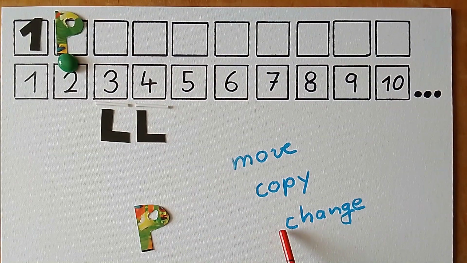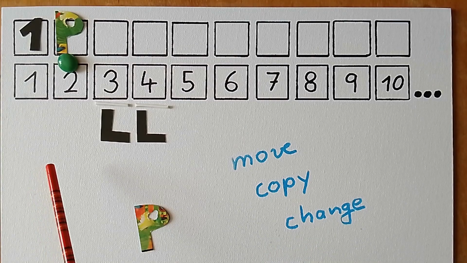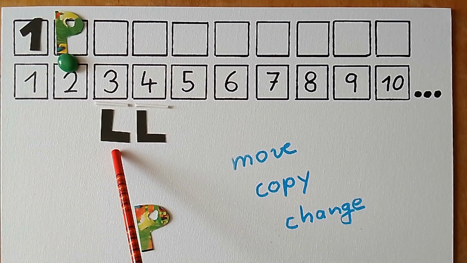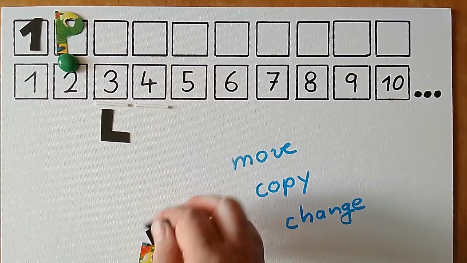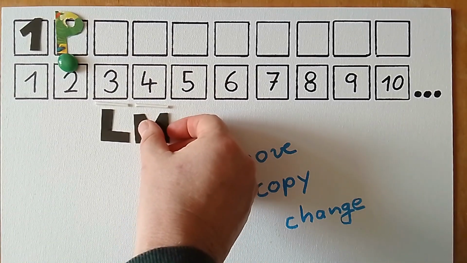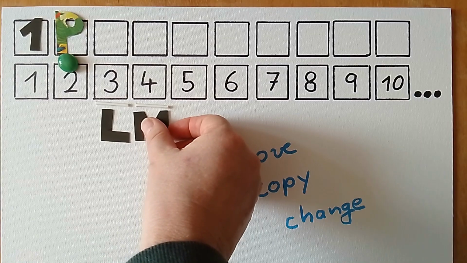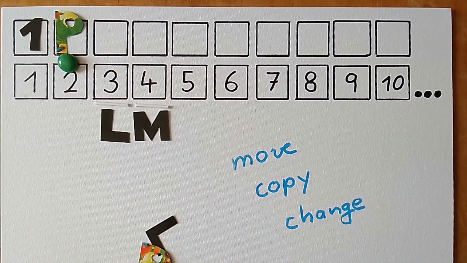And now process change. I count 1, 2. This is a composite number, a multiple of 2. So I change it to an M. And that's it.